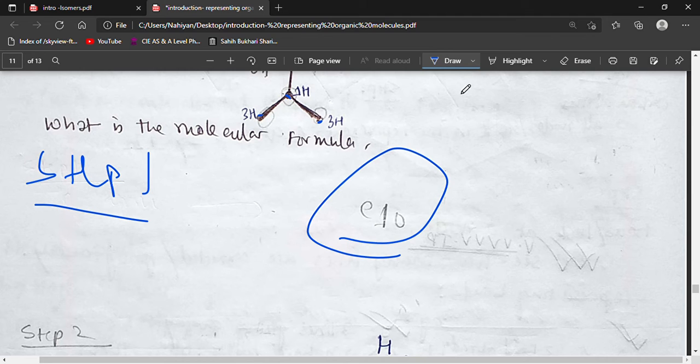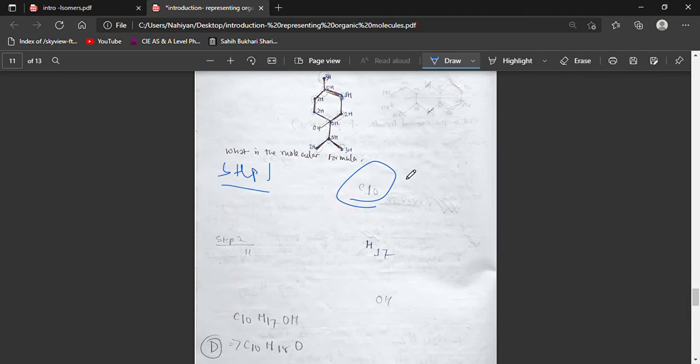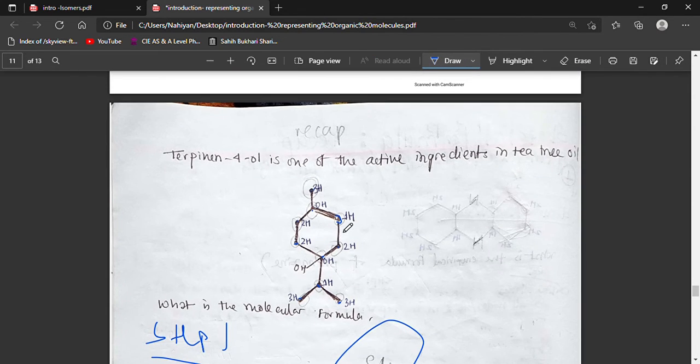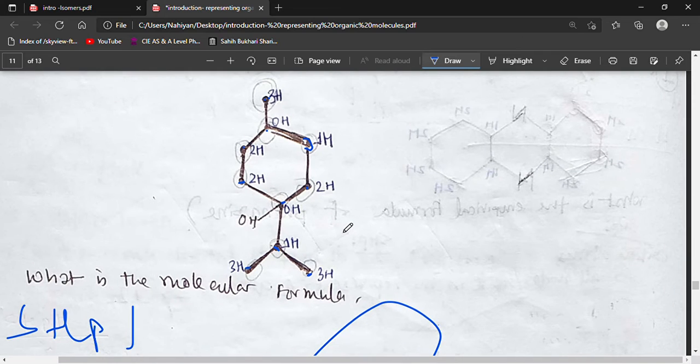We have 10 kinks. Now our step is to count the number of hydrogens. I've already marked the hydrogens here so that it is easier. If I zoom into this corner, we see that this has one line going away, so it has one bond.